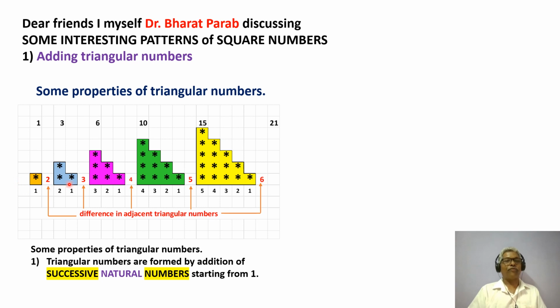And the difference between any two successive triangular numbers is 2, this is 3, 10 minus 6 is 4. So this also depends on how many numbers are added successively. 2 numbers are added, 3 numbers are added, 4 numbers are added.